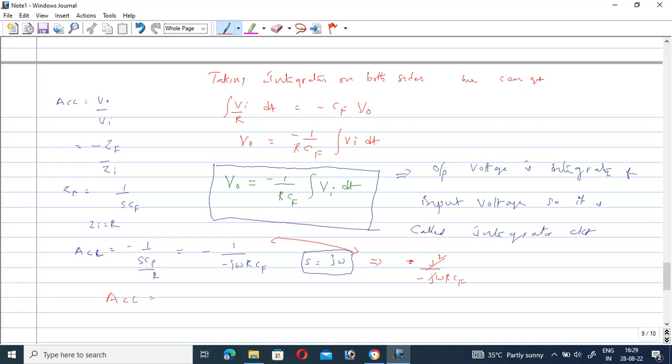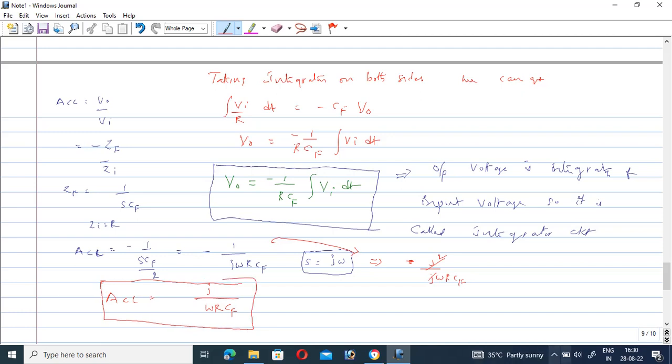This is actually plus, we don't neglect it. Therefore ACL is equal to J by omega RCF. It is the closed loop gain for the integrator.